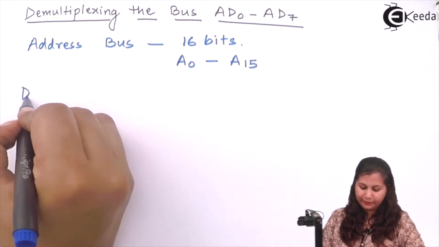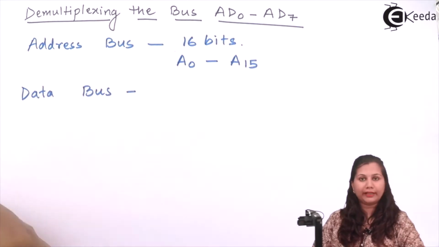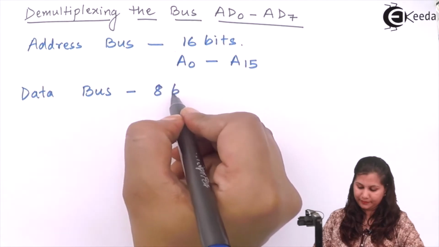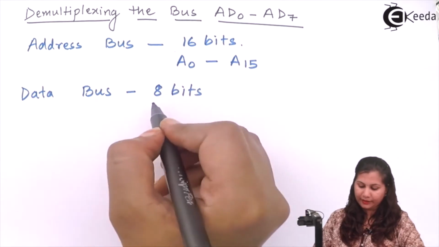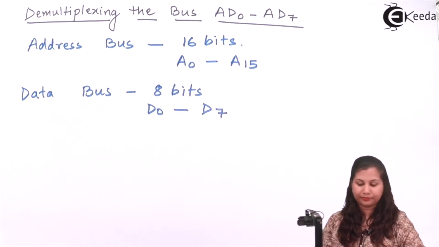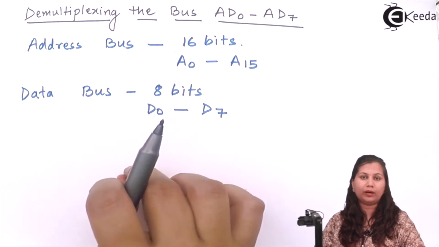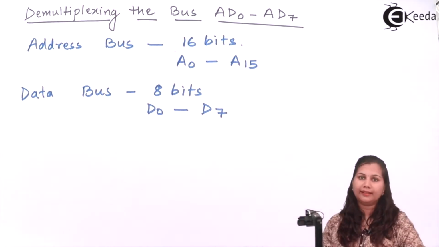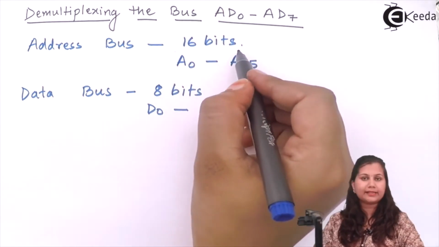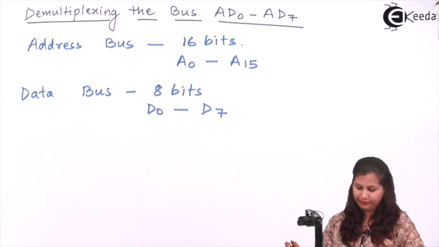And the data bus is of 8 bits, starting from D0 to D7. So the 8 bits are denoted like D0, D1, D2, D3 till D7, and the 16 bits are denoted like A0, A1, A2 till A15.